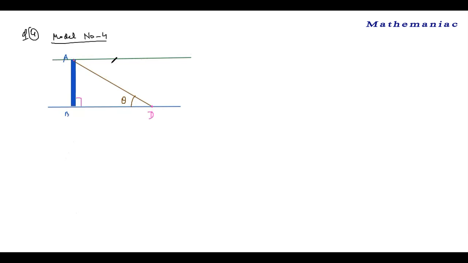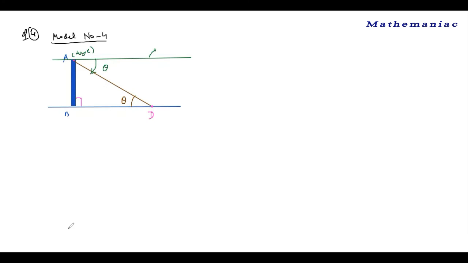This line is very, very important. This is a horizontal line through the eye of the observer. Do not directly mark the horizontal angle as the angle of depression. Angle of depression is this one. Say this is theta. In that case, obviously this will also be theta because these two lines are parallel.